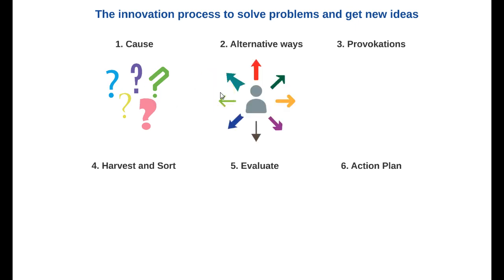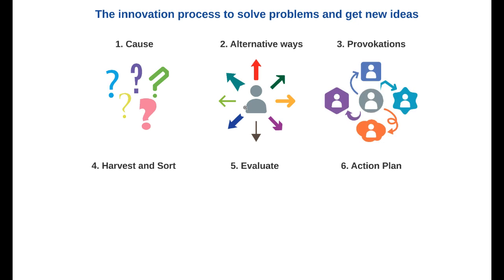When we have found the root cause, we start to generate alternative ways of doing the thing. And this gives us a lot of ideas of how we can do it instead. And then we go to the provocation part. This is where we generate completely new ideas with like random words and other techniques.